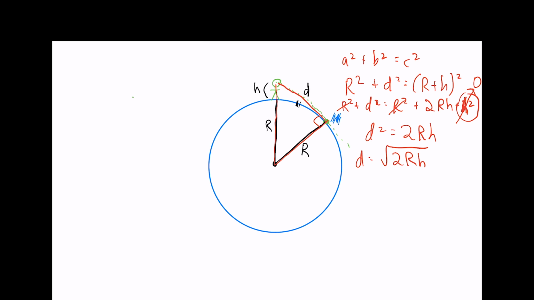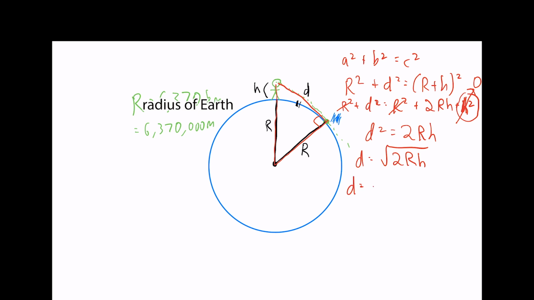Now we know what r is. R is 6,370 kilometers, or in meters, 6,370,000 meters.